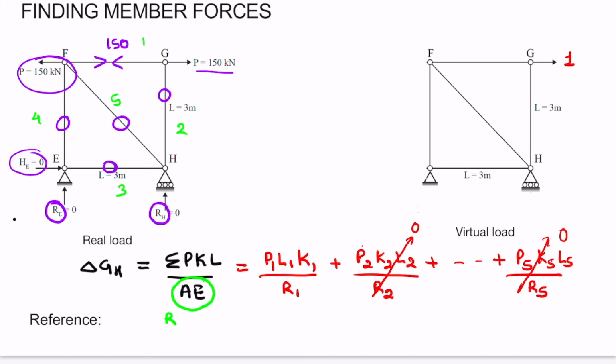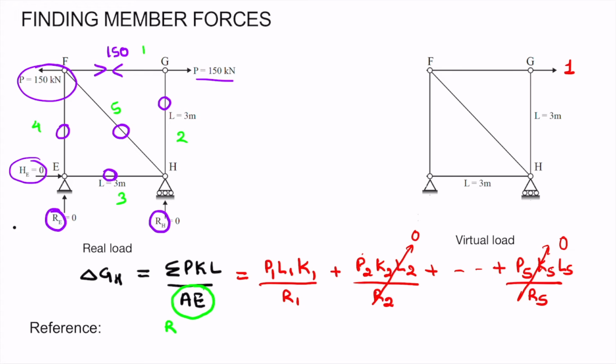So only thing we need to find out is K1 now. With this small observation, we have saved our time to find the forces in all the members due to this virtual load. So now we know that since this is virtual load 1, the force in this member will be 1. And other than that, we don't require to solve the entire truss now.